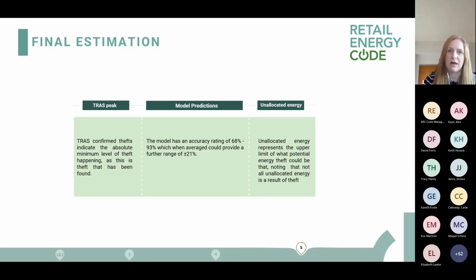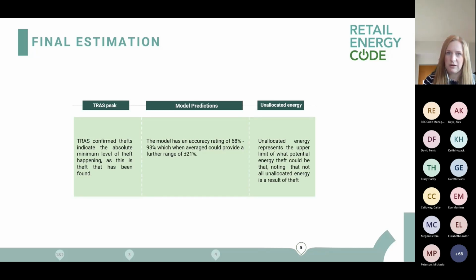We had data from when TRAS began, but it peaked. It was a consistent level of volume of investigations from about 2018, and it peaked in 2019, and then in 2020 the volumes did reduce. With the COVID restrictions, there was an awful lot going on in the world, so that data is potentially not a true reflection of what was happening.